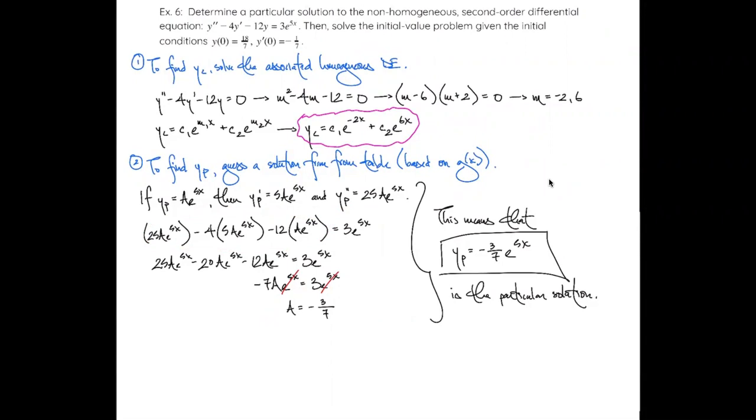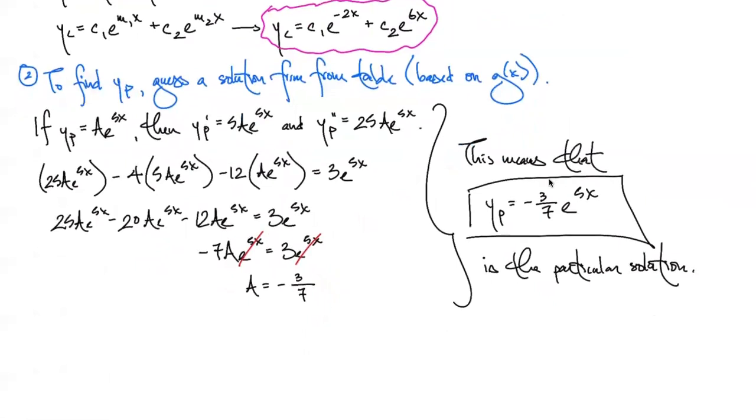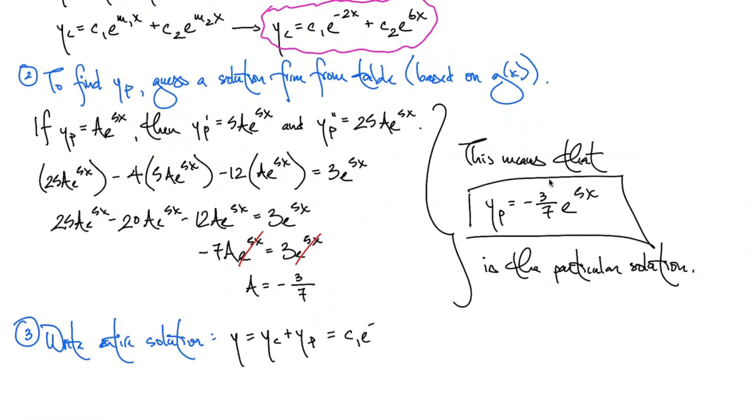All right, now to solve the initial value problem, here's what we're going to do. We're going to write the entire solution first. That is, y is going to be y sub c plus y sub p. And we're going to write it out as a whole long thing. c sub 1 e to the negative 2x plus c sub 2 e to the 6x minus 3/7 e to the 5x.